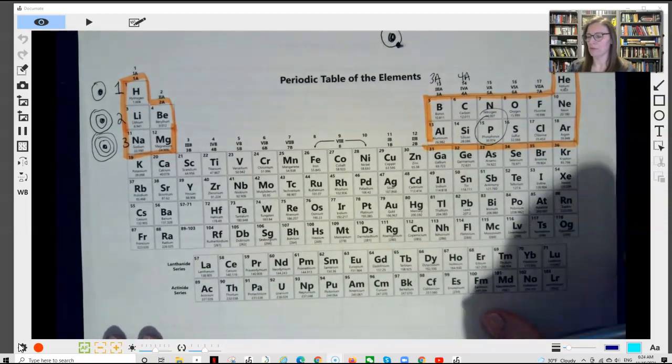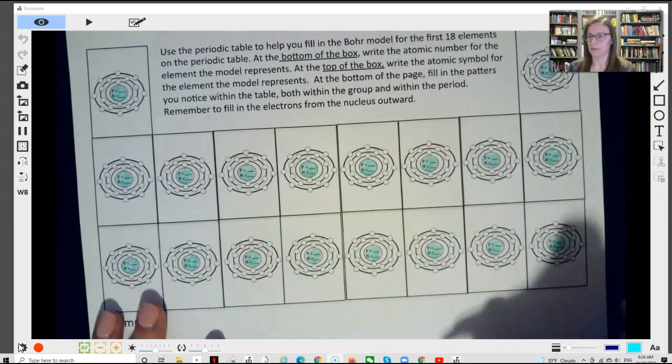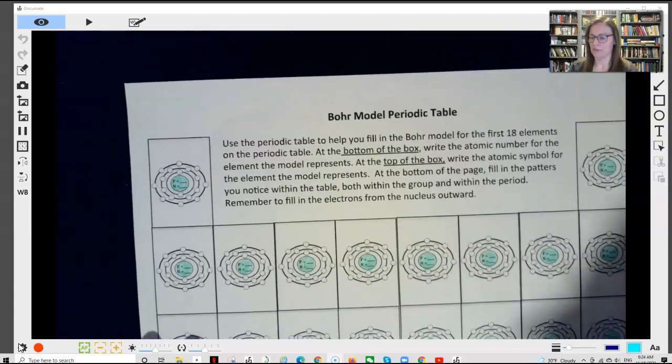So for the number of neutrons, let's put these instructions up here.